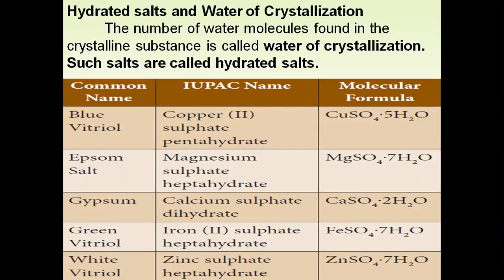These ionic substances, before going into solution, have some water molecules. The water molecules found in the crystalline substance are called water of crystallization.